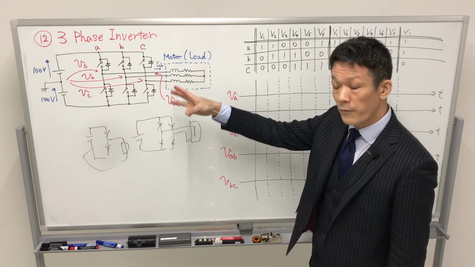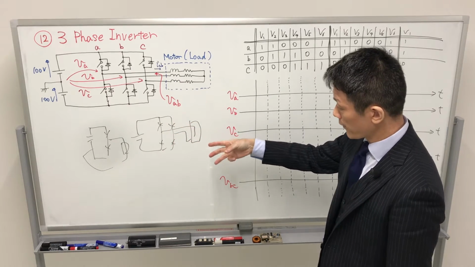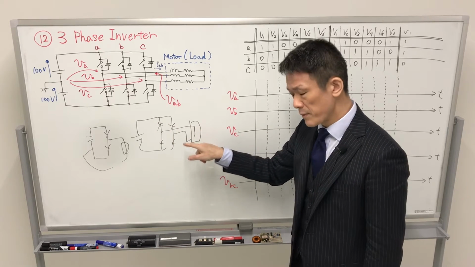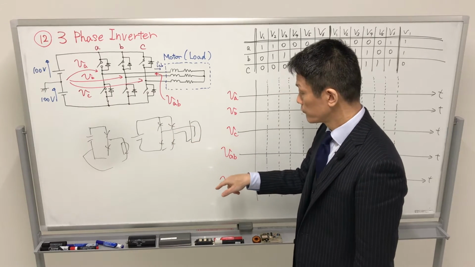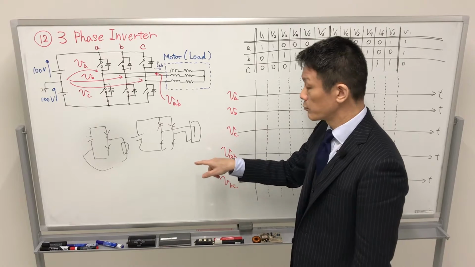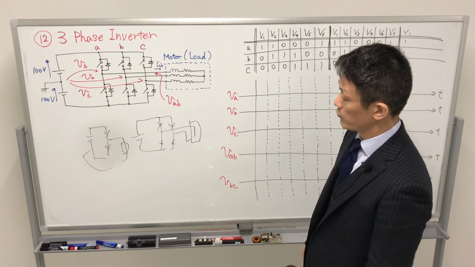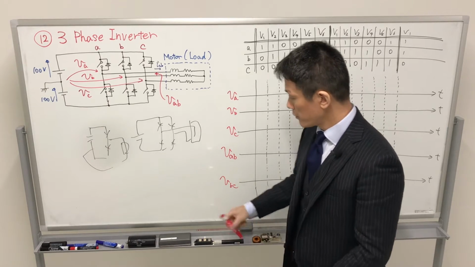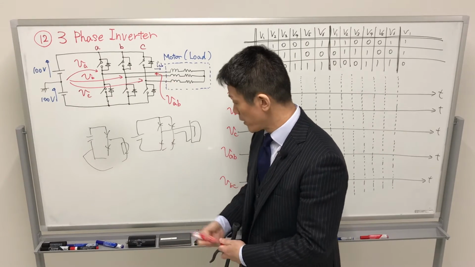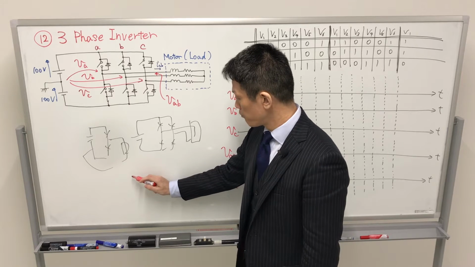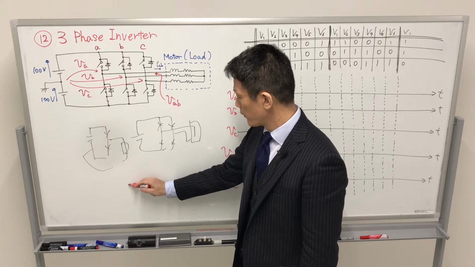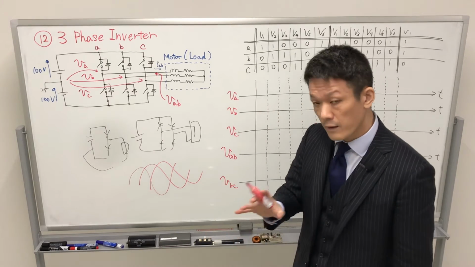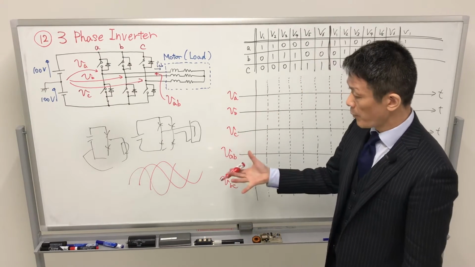In the case of three phase, we require three times this, that means 12. Is 12 required or not? A three-phase inverter is required, which means the output load current is three-phase AC current.